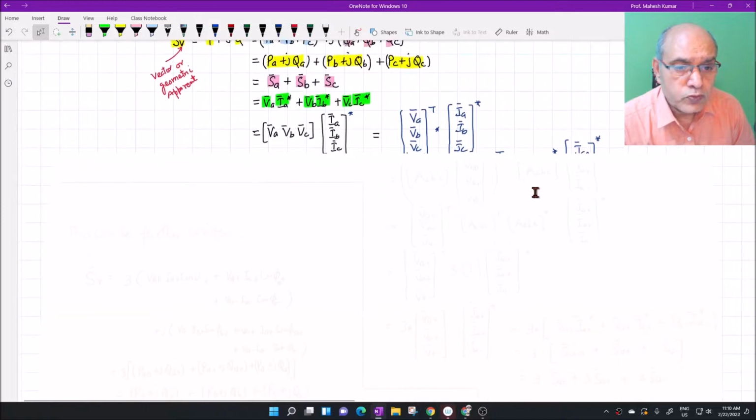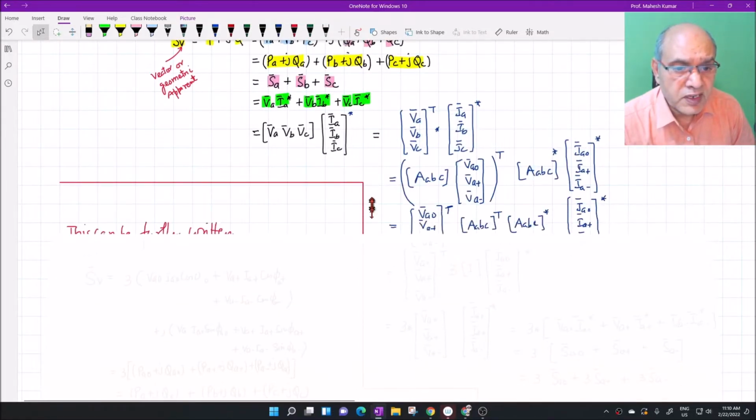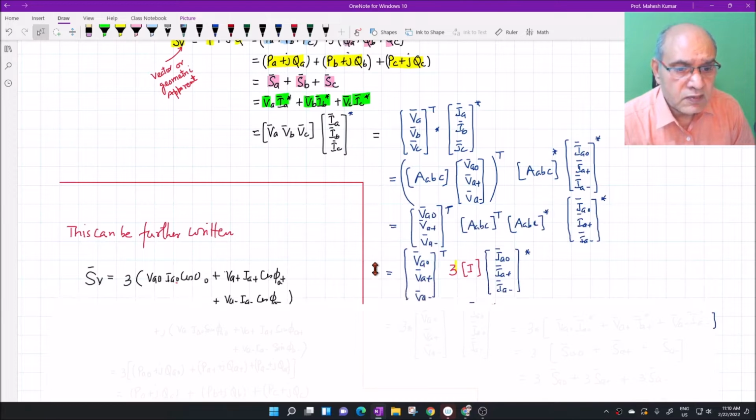Now to prove that power is constant, we will simply expand this in terms of the sequence components. So we express A, B and C in terms of A0, A plus and A minus.